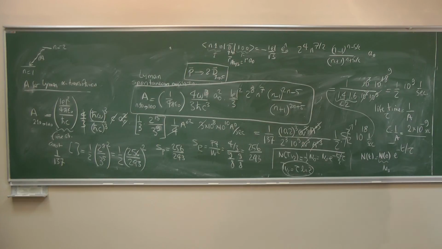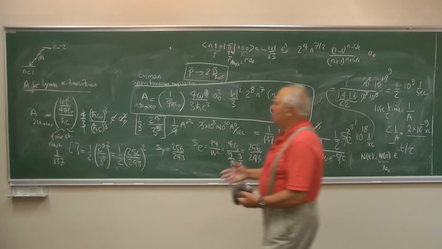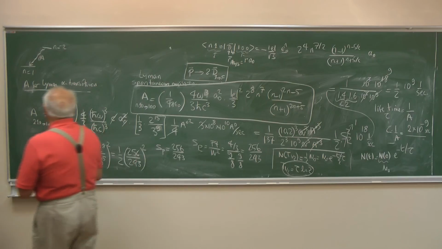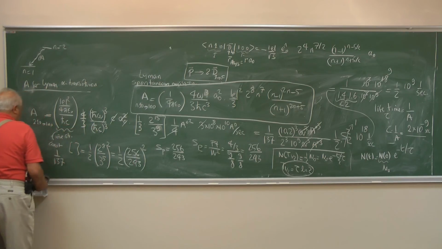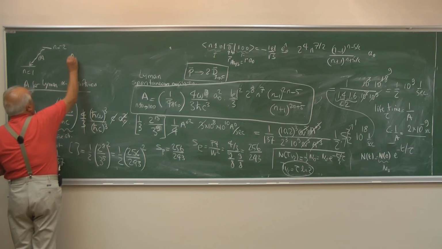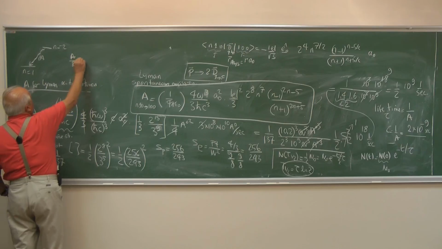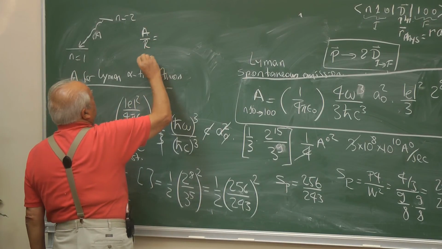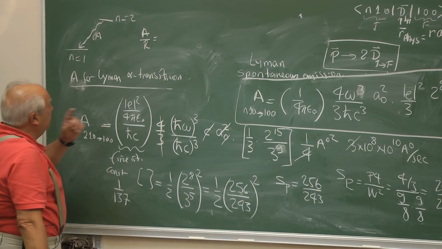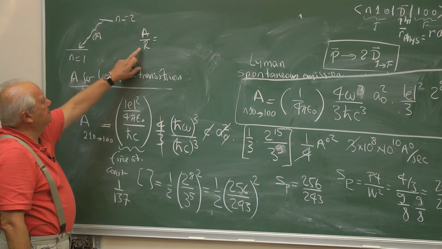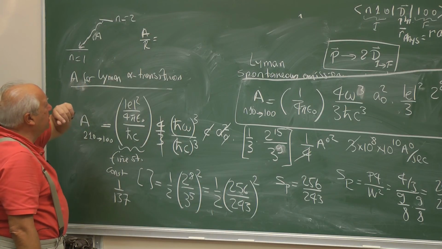All right, so this is the spontaneous emission. Once we have the A coefficient, we have the B coefficients. So A over B, this is the rate, this is either the stimulated emission or the absorption rate.